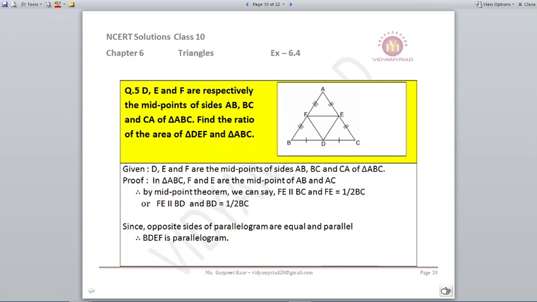Question 5. D, E and F are respectively the midpoints of sides AB, BC and CA of triangle ABC. Find the ratio of the area of triangle DEF and triangle ABC.